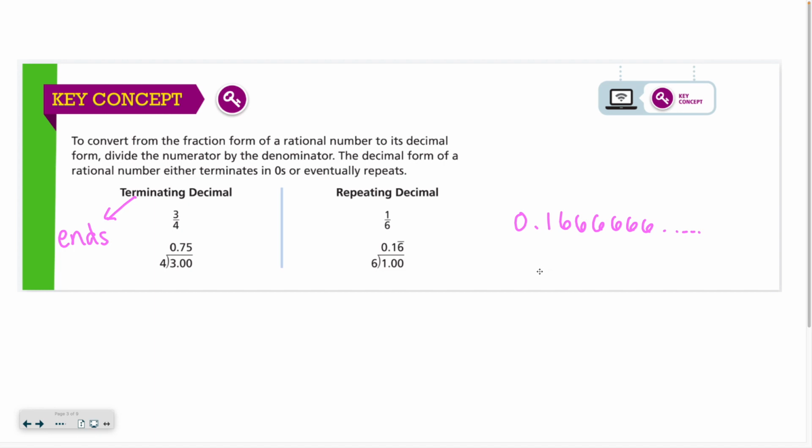And when that happens, to save your hand from writing too much, we use something called bar notation, and that looks just like this. You put 0.1, and then once you get to the number that's repeating, or numbers, because sometimes it is multiple numbers that repeat, you put a bar over it to let people know that that number is going to keep going on forever and ever. Okay, so that's called bar notation, and that happens with repeating decimals.